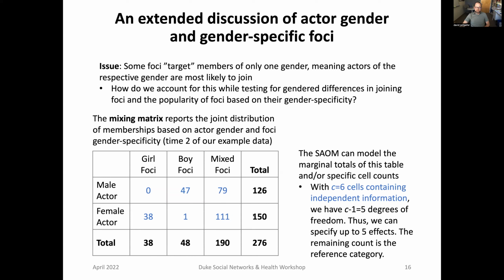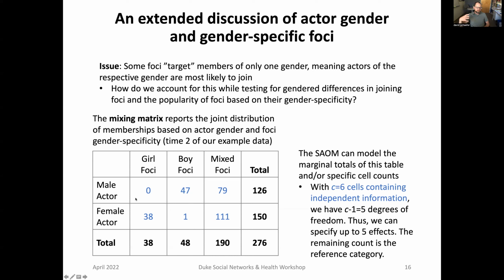Now, when we model, we can model the marginal totals of this table. We could specify these as our counts and model these, or we could model the specific cells themselves using interactions between actor gender and the foci gender. What I would point out is we have 6 cells here with independent information. We can have up to 5 effects that model this, with the reference category. So we have to keep that in mind.